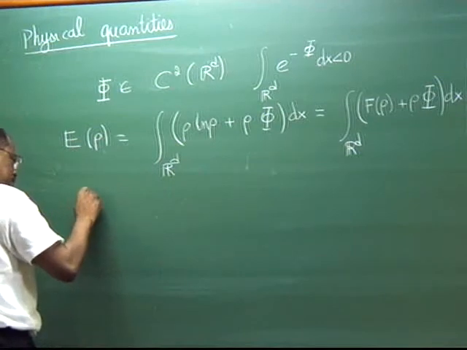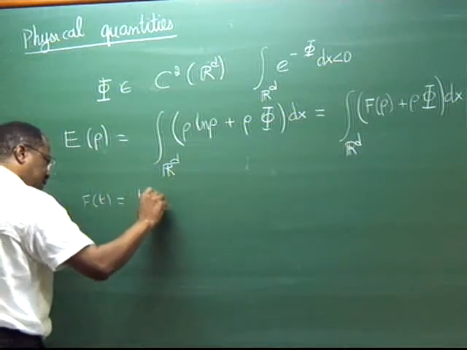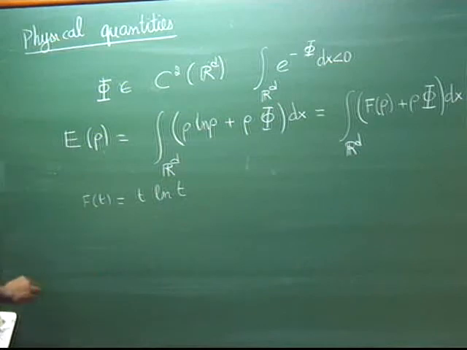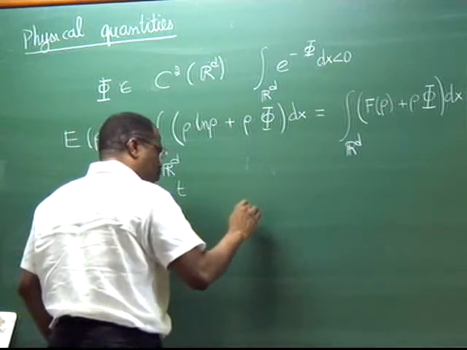So f of t is t log of t. It satisfies the property that f is convex.